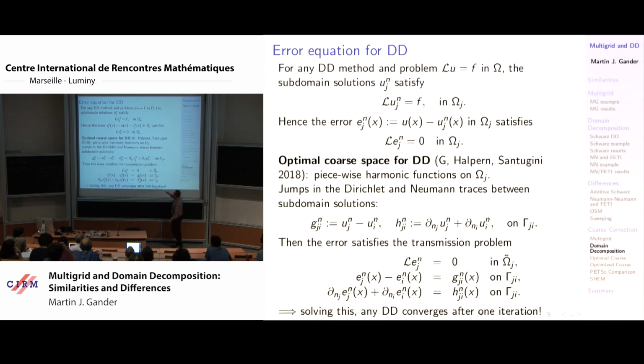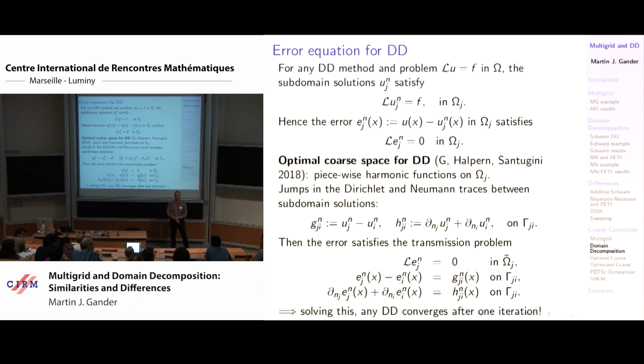This is called a transmission problem. We've seen transmission problems earlier in this conference as well. If you solve this problem, the solution lies in this space, and then you have the solution of the DD method after the next step. This is the exact error equation like in multigrid. If you solve this one, it's a direct method.